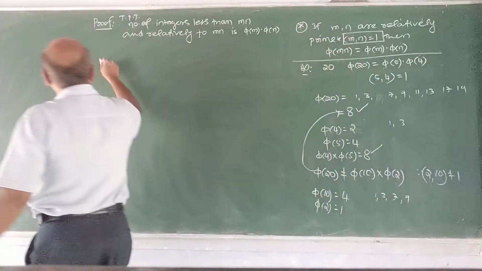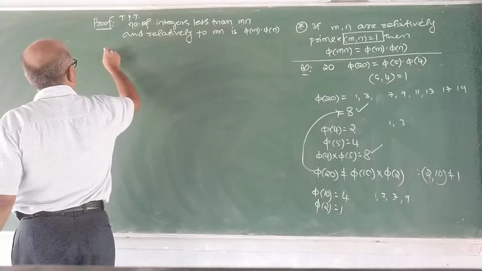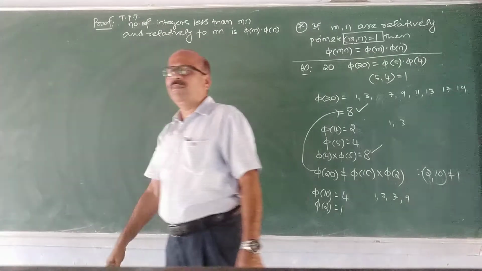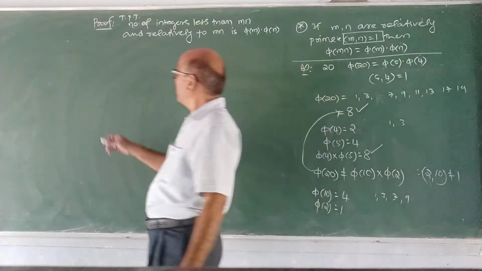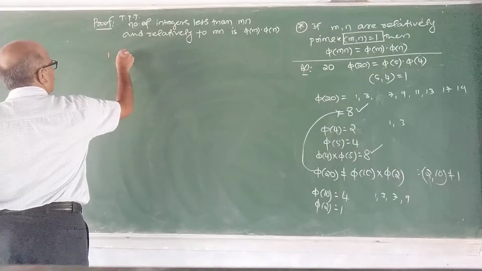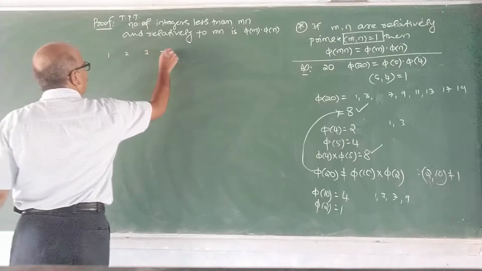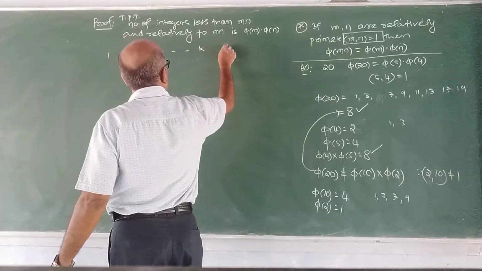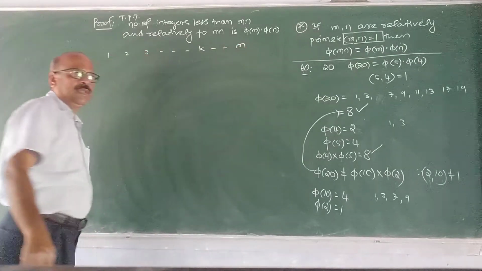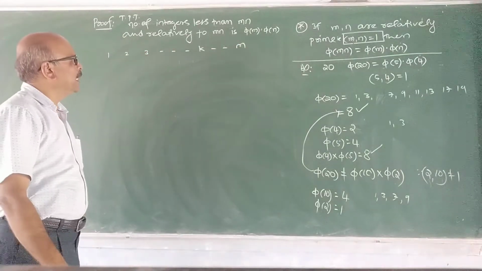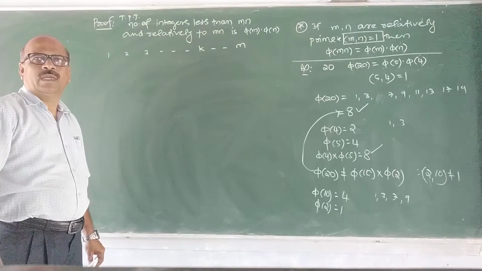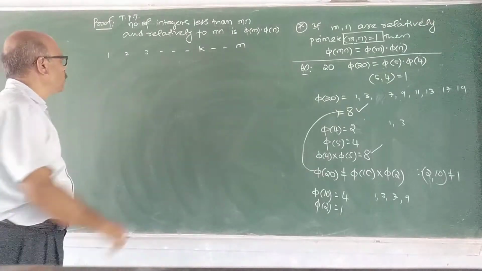For that, first we arrange mn numbers in m columns and n rows like this: 1, 2, 3, etc., k, etc., m. Arrange that mn numbers in m columns, n rows.